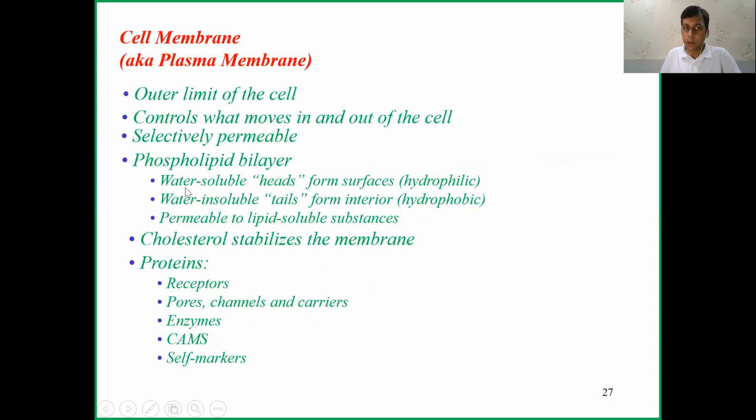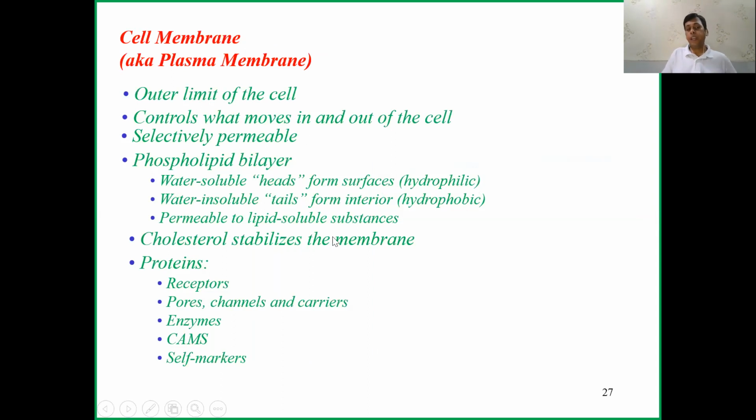There is a water-soluble head that forms the surface and water-insoluble tails that form the interior, the hydrophilic and hydrophobic parts. It is permeable to lipid-soluble substances. I will discuss this function in detail in the next video.